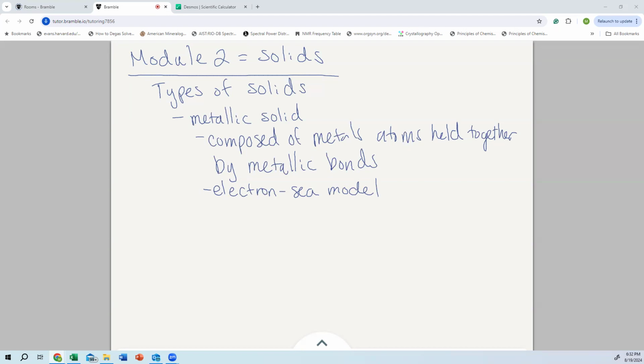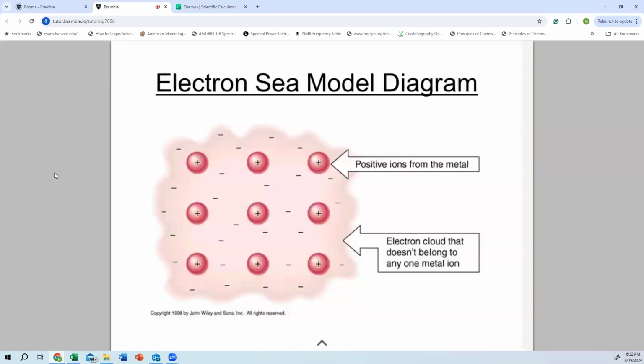So our electron sea model, we consider each of our metals to be just positive cations and all of the electrons to be dispersed all the way through the solid. So the electrons, all of our valence electrons of our metals are not held tightly to a specific metal. They are just held throughout.